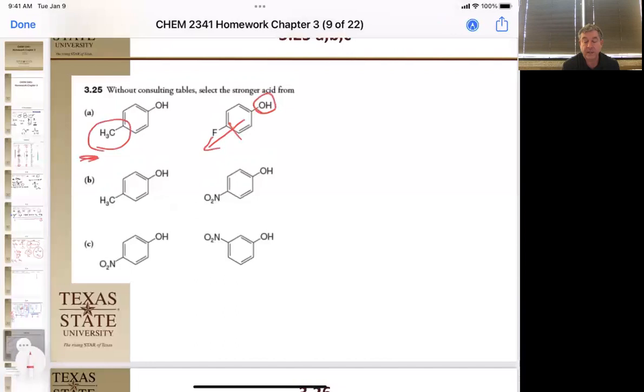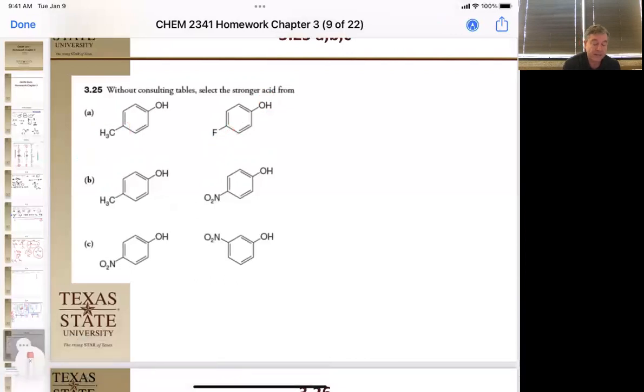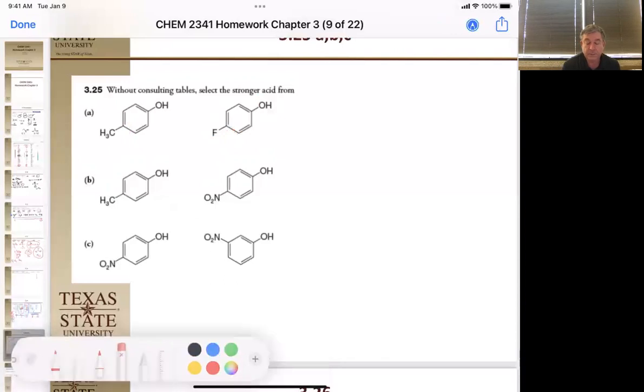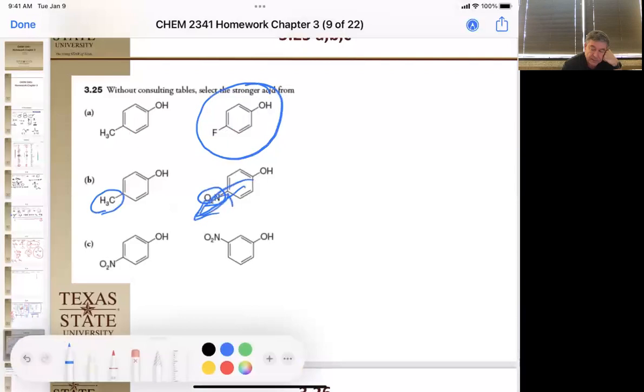Therefore, this is going to be the stronger acid because of the inductive effect. So let's look at this again. We have the CH3 and the NO2. The NO2 is a strong withdrawing group. Therefore, that one's going to be giving us the stronger acid.